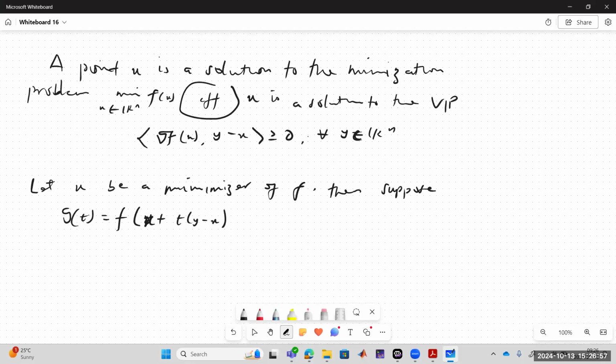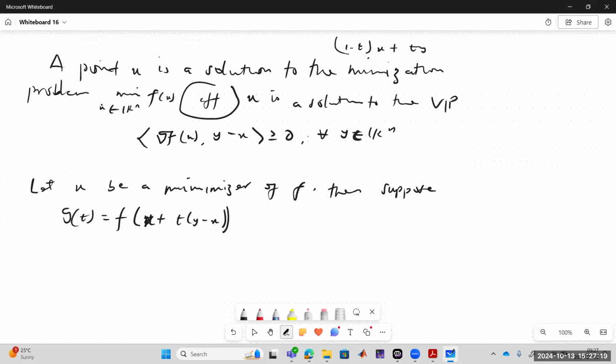Since we're now using R^n, which is a convex set, and x + t(y − x) is a convex combination of x and y, it is the same thing as (1 − t)x + ty.